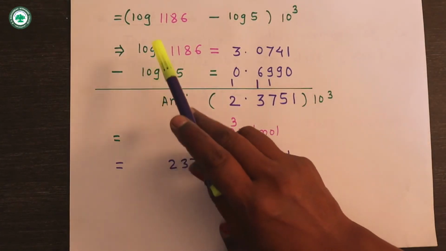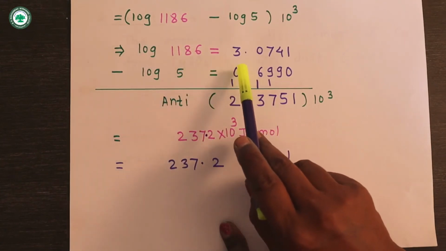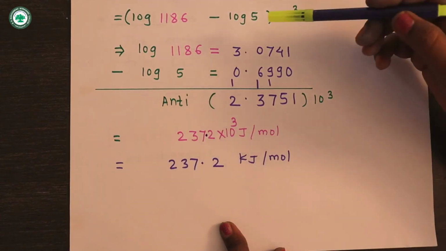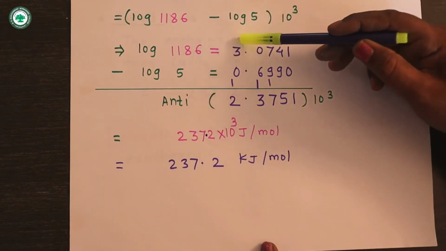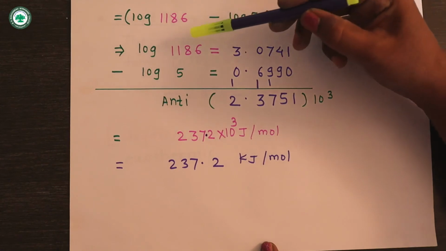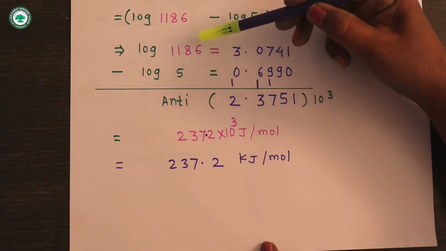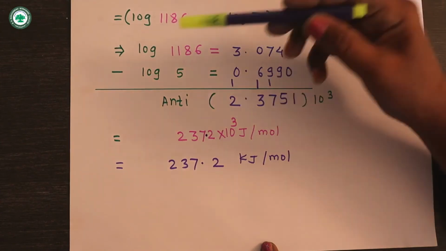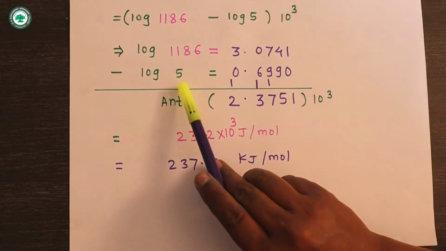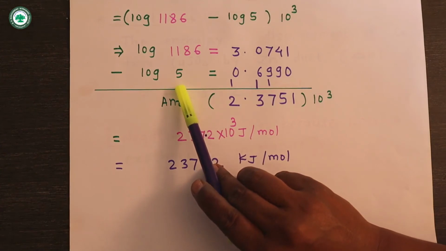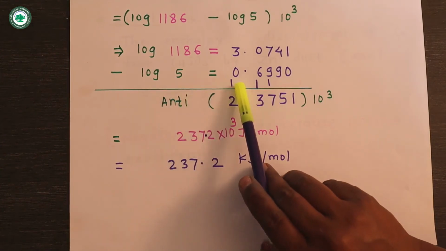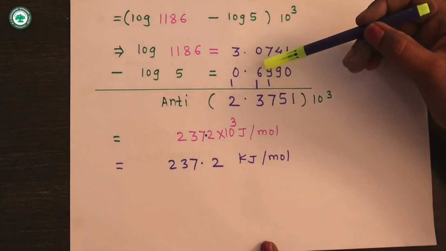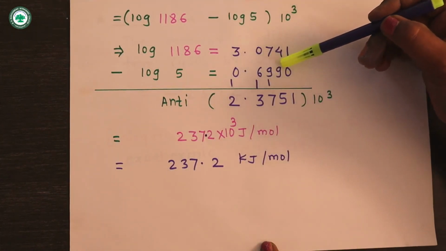And so log of 1186, this number is a 4-digit number, so the characteristic of this number is 3, 4 minus 1, 3. And see the log of 11 into 8 and its difference in 6, and that value is 0741. Minus log of 5, this is only a single digit number, so the characteristic of this number is 1 minus 1, that is 0, and we have to see the log of 50 into 0, and that value from the log table is 6990.